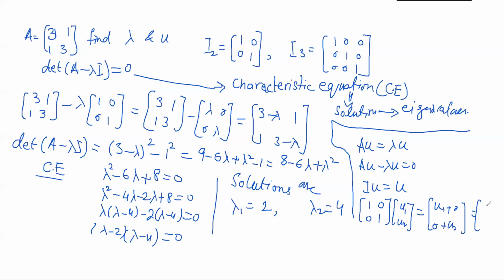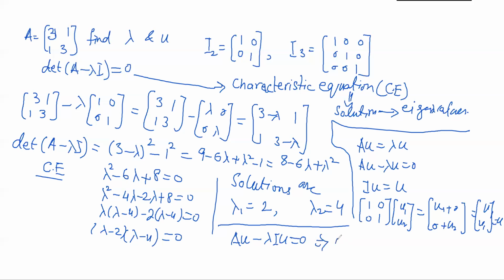So basically we will get U1, U2, which is the same as U. So it means that we can write it like this: A U minus lambda I U is equal to 0.